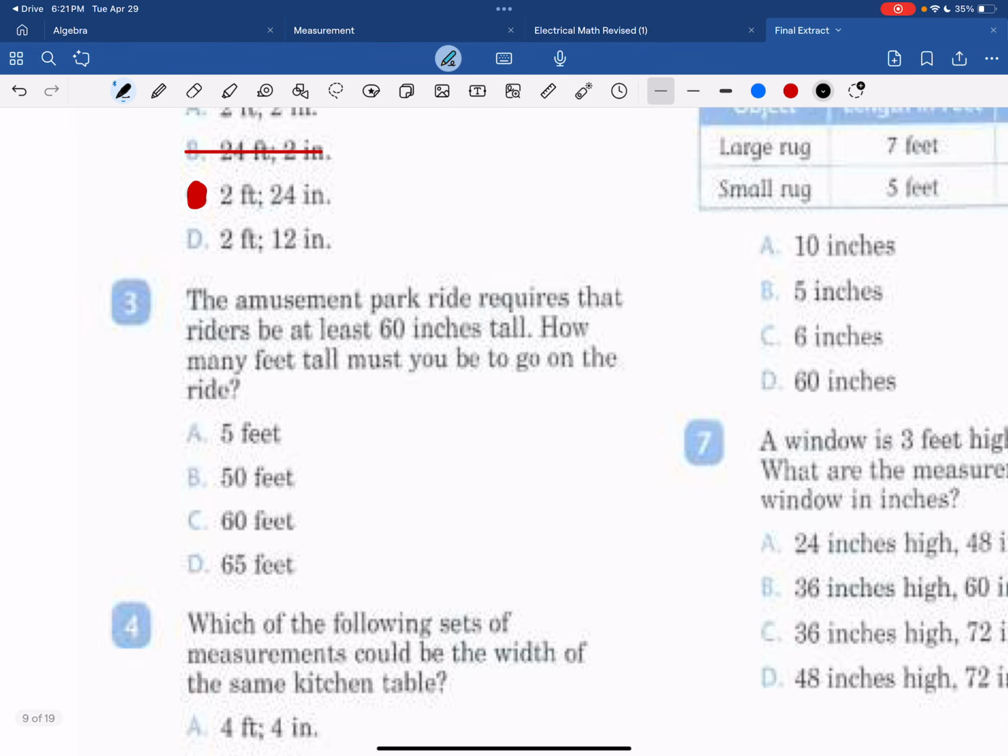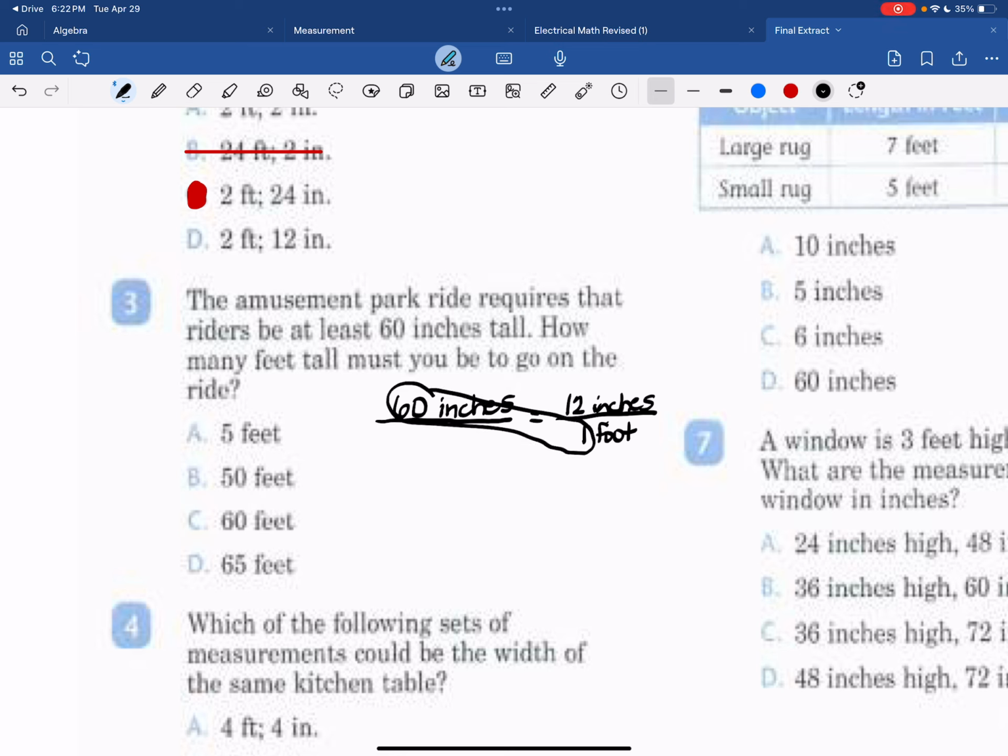The amusement park ride requires that riders must be at least 60 inches tall. How many feet tall must you be to go on the ride? Well, if you have to be 60 inches tall, and I know that there are 12 inches in 1 foot, if you know to divide by 12, just do that.